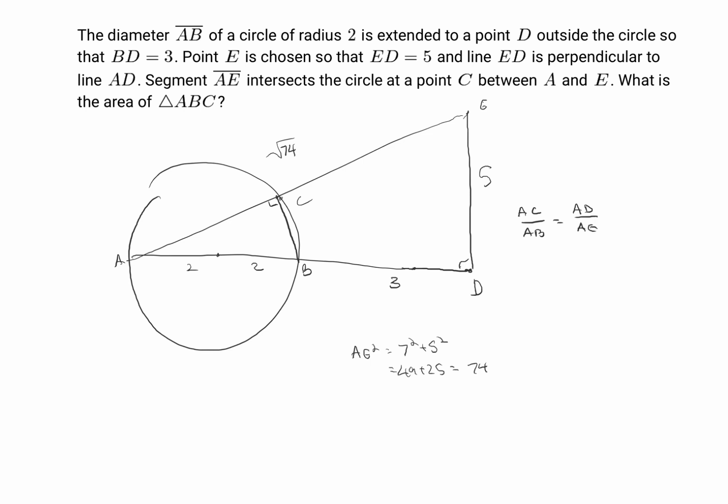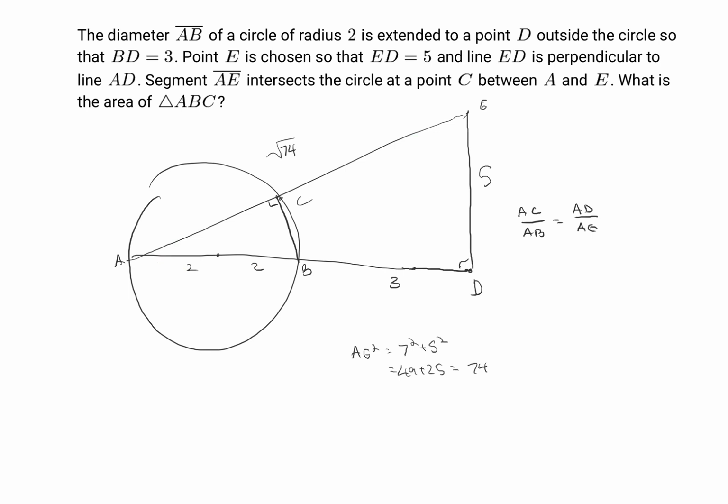Does that make sense? Can we see the similarity? Right, AC over AB equals AD over AE. Yeah, that looks pretty good. Nobody has a problem with that, right?